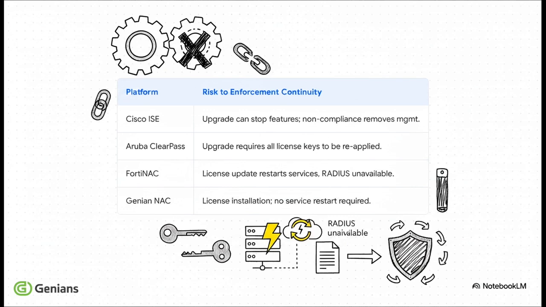With Aruba ClearPass, an upgrade to version 6.11 requires you to go back and reapply all your license keys. For FortiNAC, applying a new license key actually requires a service restart, and while it's restarting, RADIUS is down. With Genian NAC, an edition upgrade is just a license installation. There's no service restart required.